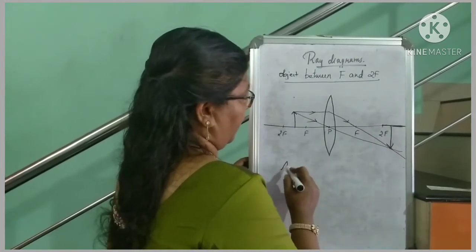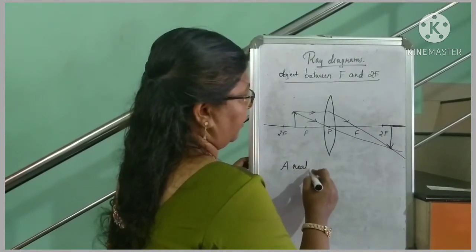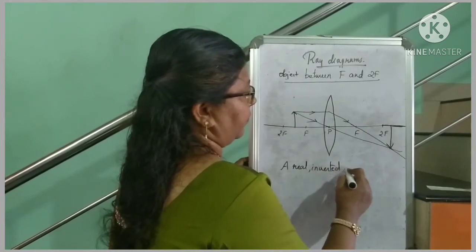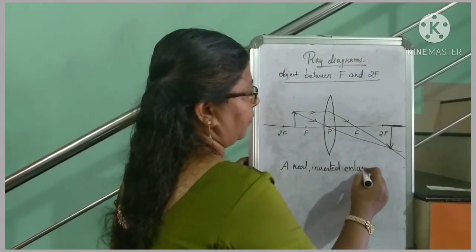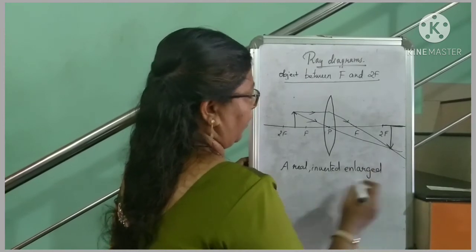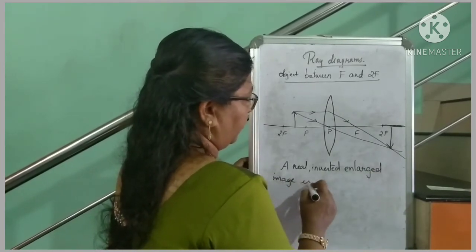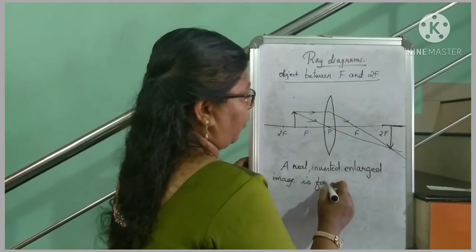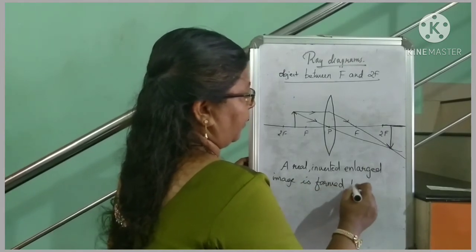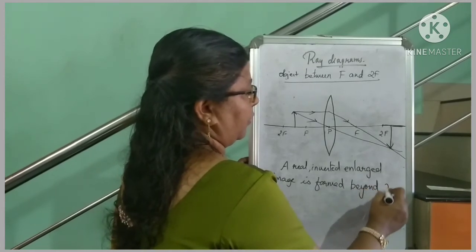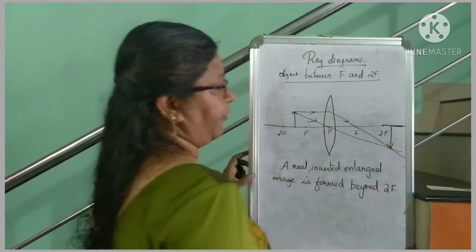So a real, inverted, enlarged image is formed beyond 2F.